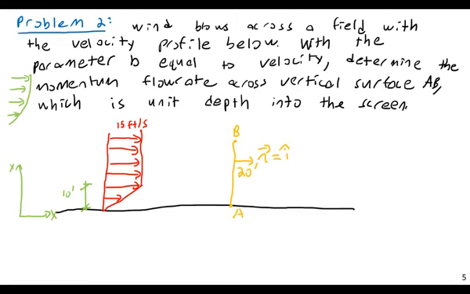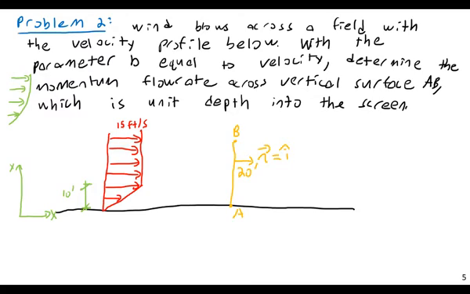And because this is in feet per second, I'm going to use English units for this. Also, keep in mind that we're looking for the extensive, not the intensive property. We're not looking for the lowercase b. We're looking for the uppercase B.